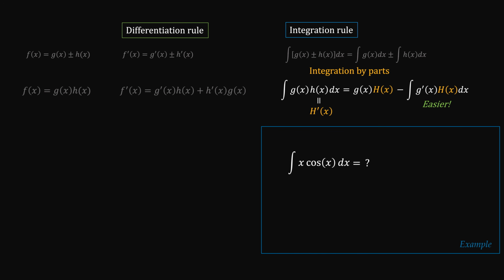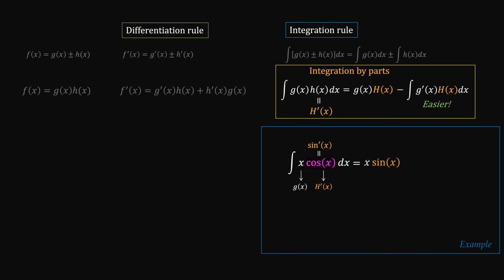Say we want to integrate this product. We can easily recognize that cosine x is the derivative of sine x. So cosine x is h prime, x is g of x. According to this rule, it is the product of the two, minus the integral of x prime times sine x. This integral is easy because x prime is just 1.